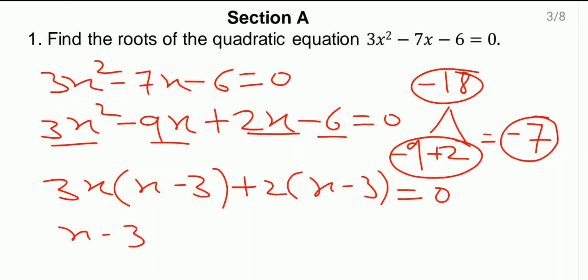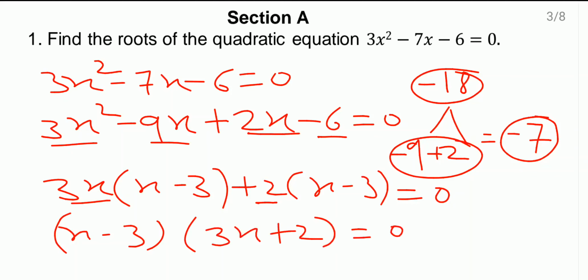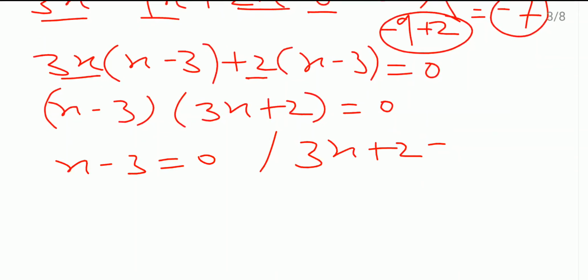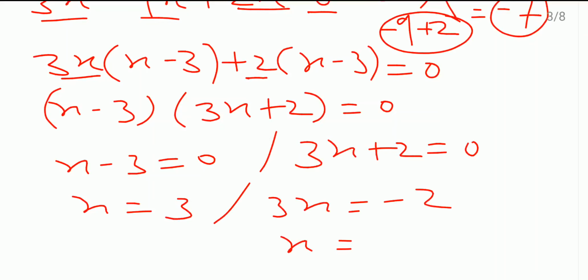So (x - 3) in one bracket and these remaining things will be in another bracket. Now, I'll compare each bracket with 0: x - 3 = 0 or 3x + 2 = 0. So x is equal to 3 or 3x = -2, so x comes as -2/3.